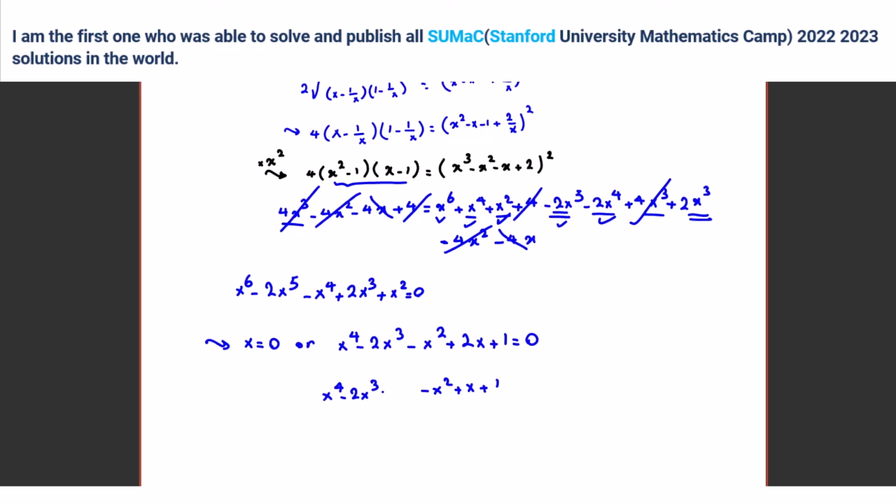I am thinking of something. Here, for example, if we write minus x cubed, then minus x squared, then, for example, again plus minus this.